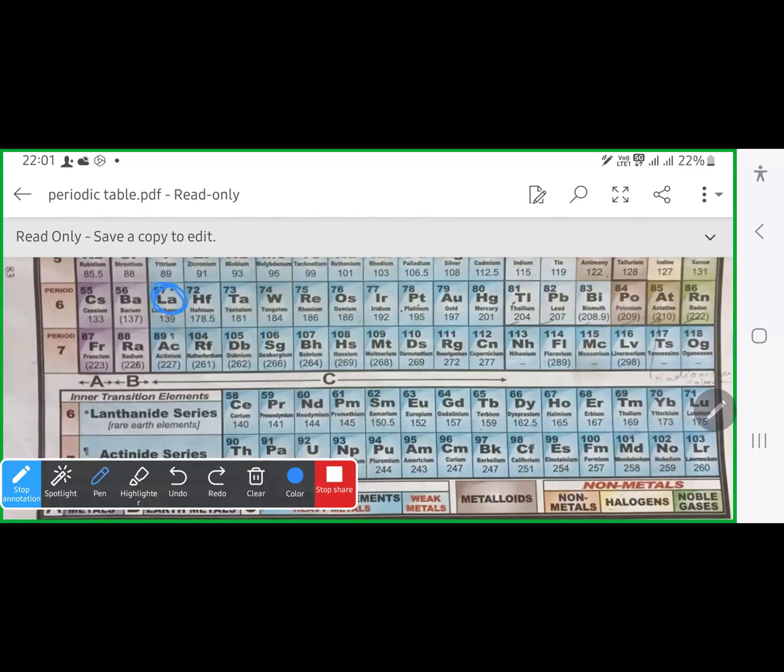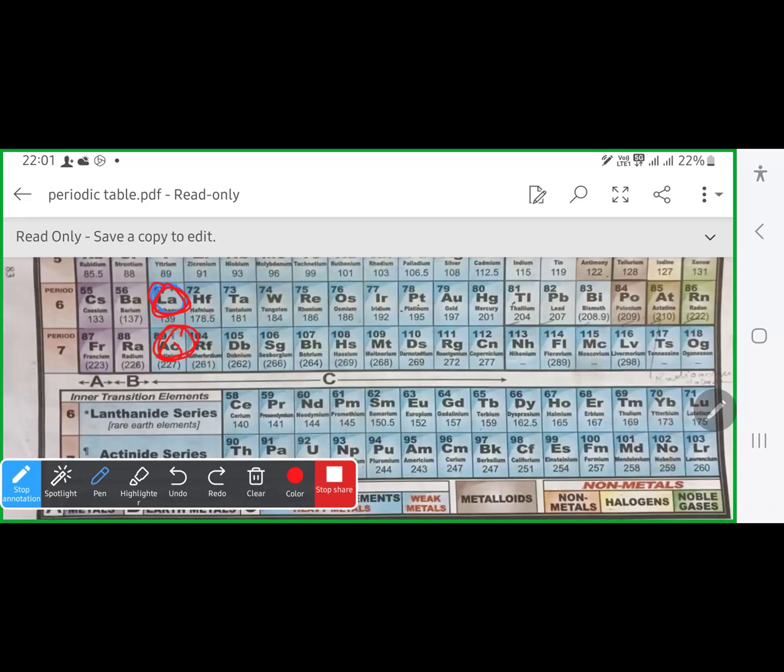Above lanthanum, there are 14 lanthanides, and above actinium, there are 14 actinoids. So write down this: S and P block elements are representative elements, D block are transition elements, and F block are inner transition elements. Understand or not?